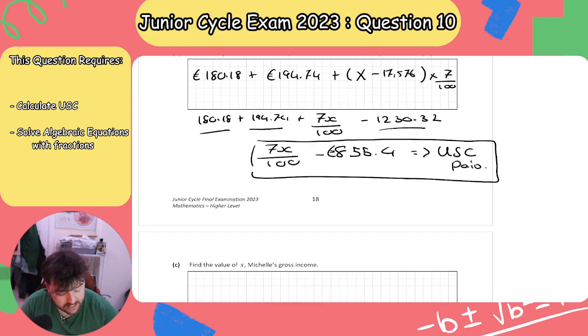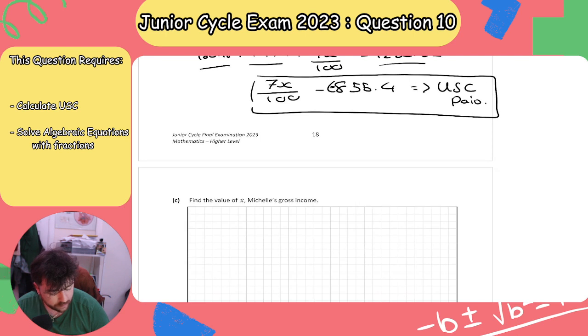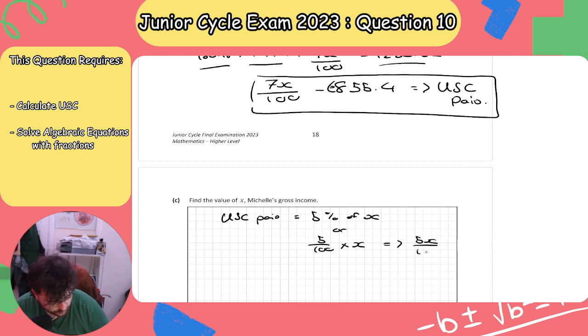So last part now is find the value of X, Michelle's gross income. Well, I know the USC she's paid is 5% of her actual income. So the USC paid is going to be equal to 5% of her gross income X. How I'm going to write that now is 5 over 100 times X, which is 5X over 100.